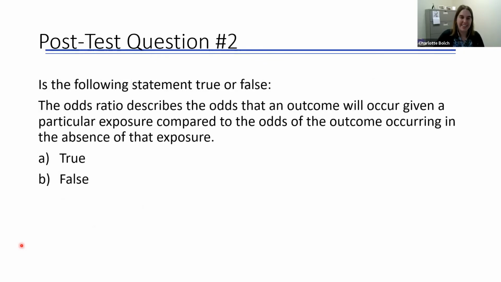Okay, the next is the following statement true or false? The odds ratio describes the odds that an outcome will occur given a particular exposure compared to the odds of the outcome occurring in the absence of that exposure. True or false?